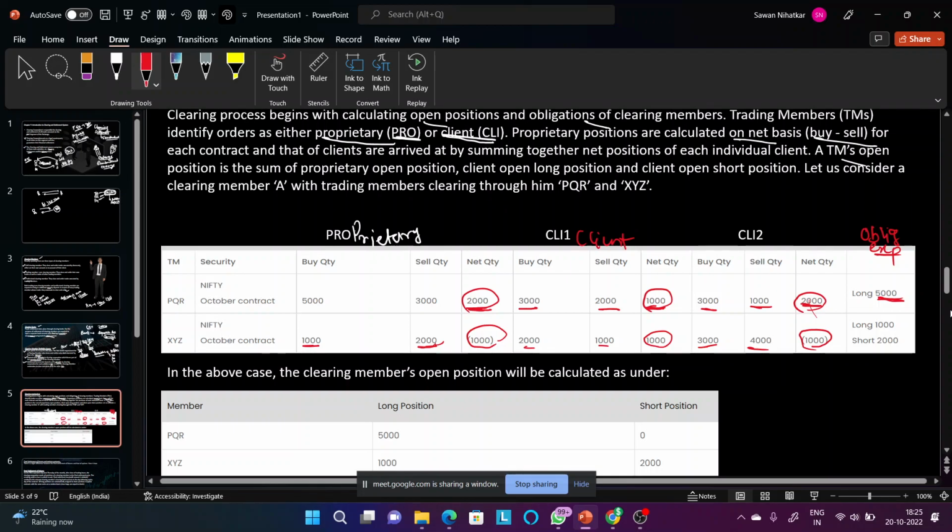So what will you do in that case? We will segregate it, that is long of 1000 and short of 2000. Now what could we have done? We could have combined these two exposures and written directly short of 1000, because if you take the short out of the long, this becomes minus 1000 which is your short, but we won't exactly do that.